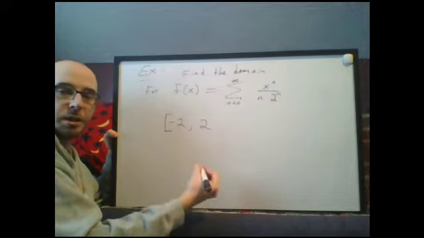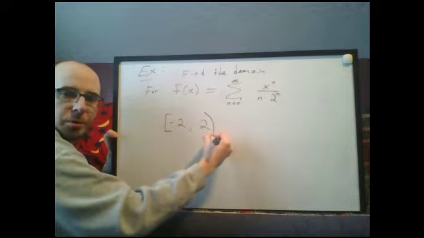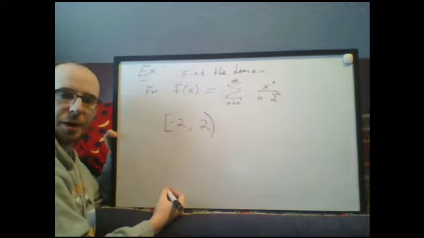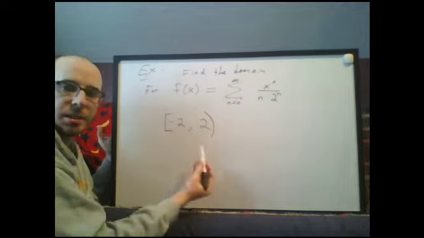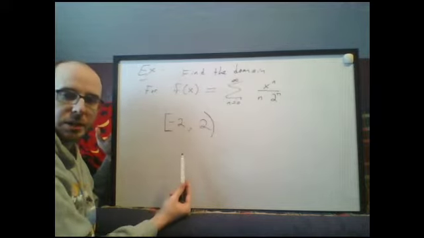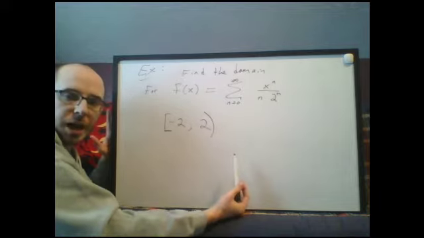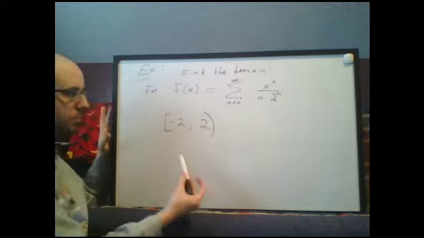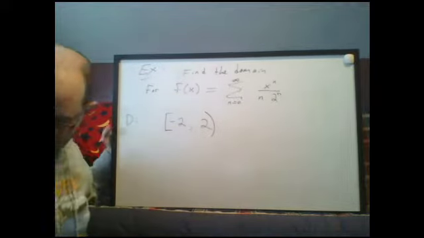It wasn't convergent when x equaled positive 2. So that's not part of our domain. So we get a half open, half closed interval. Within this set, it's a convergent series. Outside this set, that includes 2, it's not convergent. So our domain is this interval.